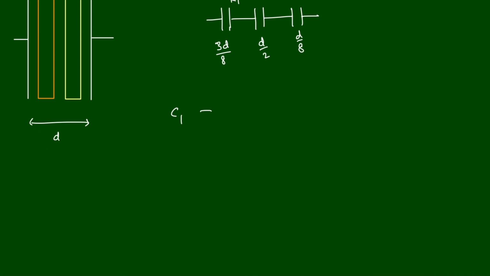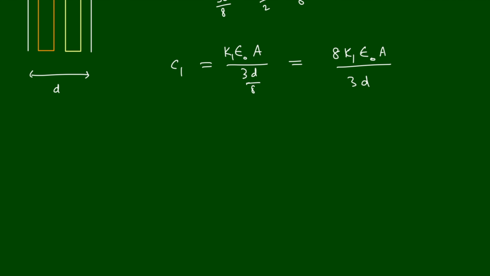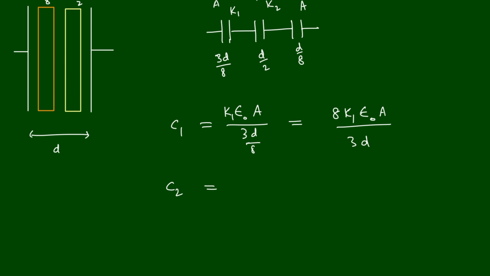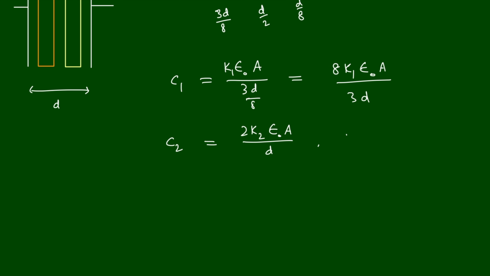Now C1 is equal to K1 epsilon naught A divided by the distance 3D by 8. Then we can say 8 K1 epsilon naught A by 3D. C2 you will get in a similar way, that will be 2 times K2 epsilon naught A by D, and C3 is equal to 8 epsilon naught A by D.